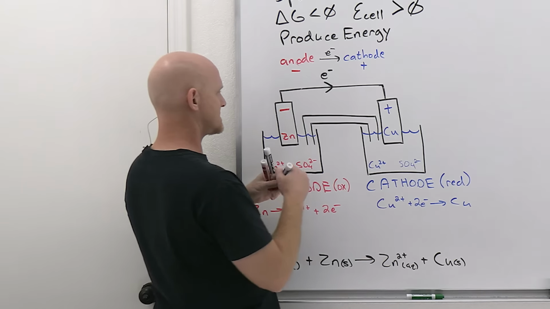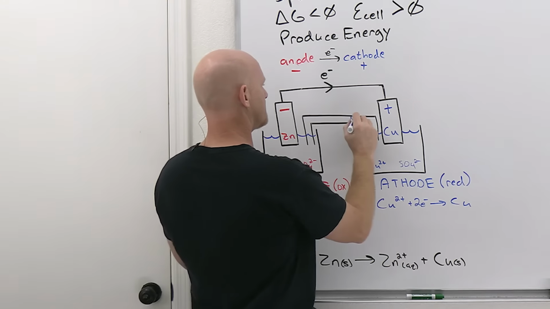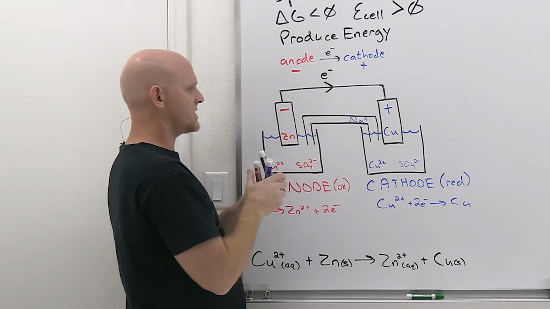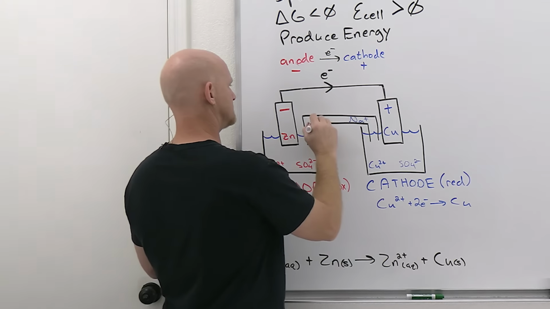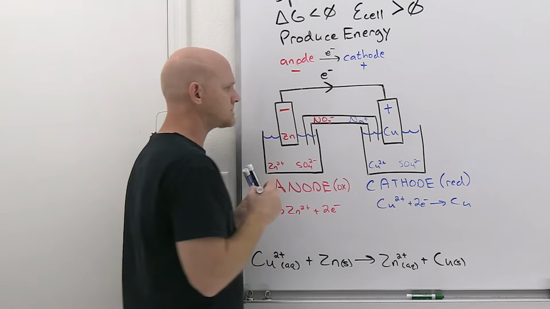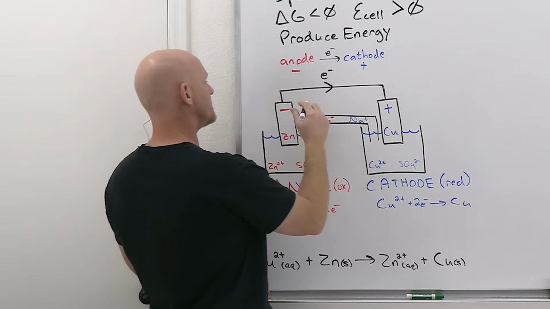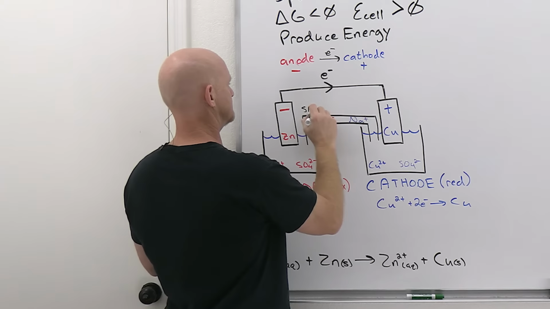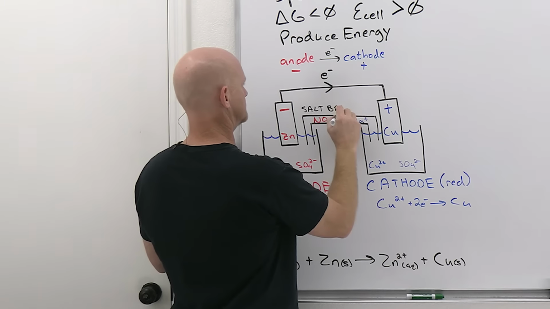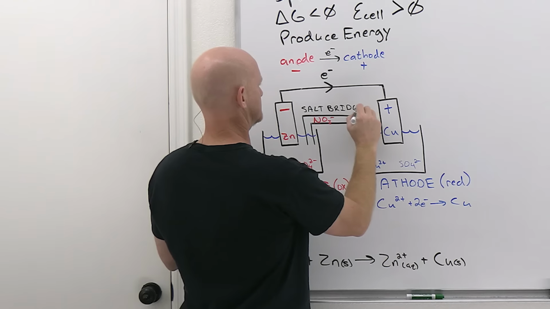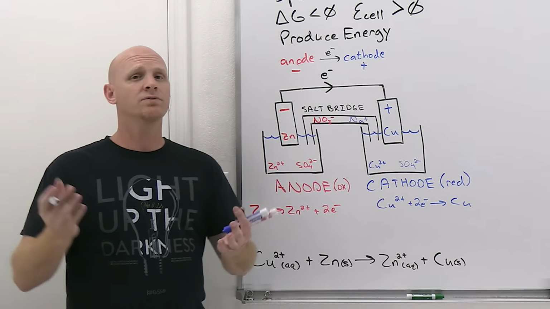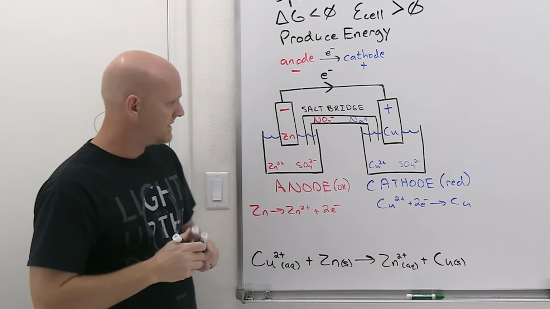And so I'm going to stick some sodium ions in there and some nitrate ions in there. So I'm using aqueous sodium nitrate in what we call the salt bridge. It's a bridge full of salt, so they named it salt bridge, appropriately named.